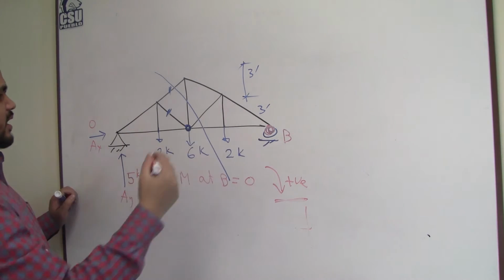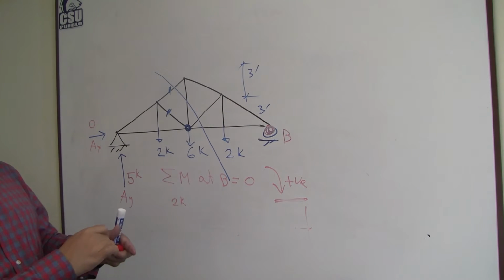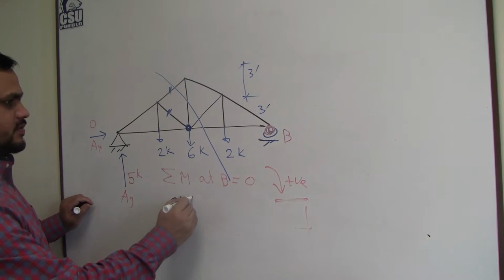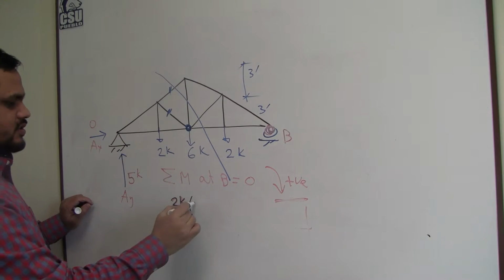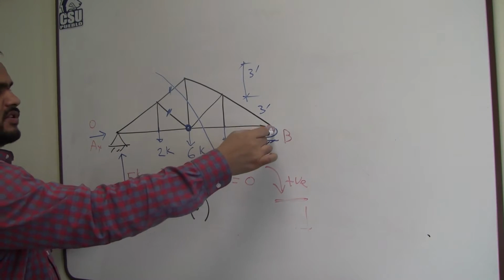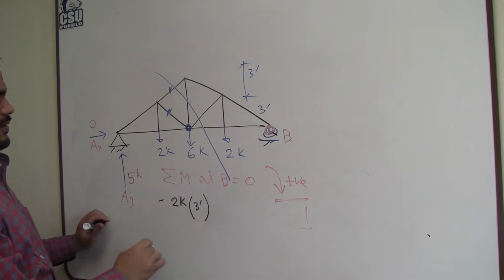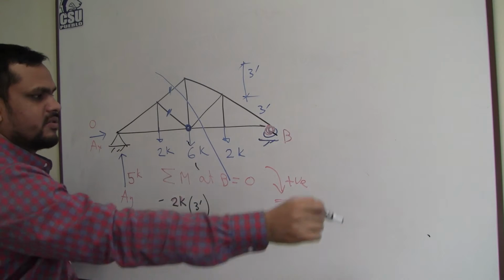If I take moment here, my first force is 2 kips. Distance, I assume everything is 3, 3, 3. So 3 feet. About this point, it is going counterclockwise, so minus. Then for this one, again, that will go counterclockwise.